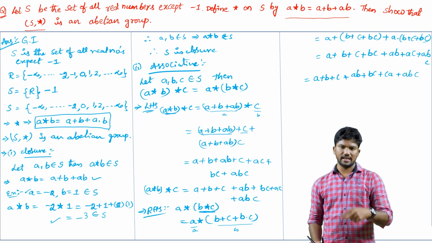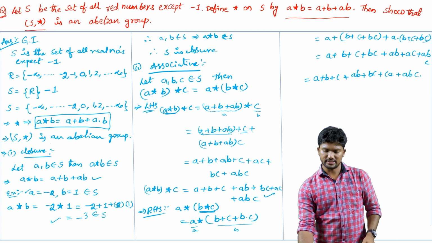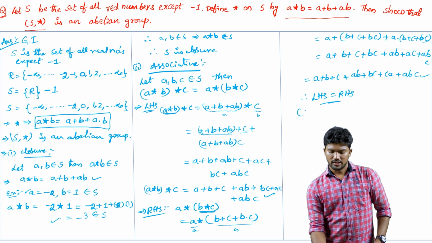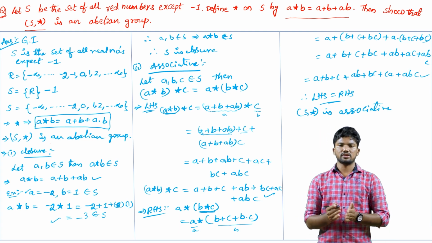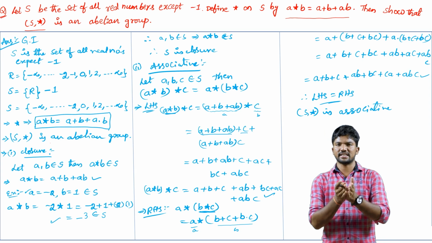If you check LHS and RHS, both values are equal. LHS is equal to RHS. So therefore the group S comma star is associative. This property you can also cross check by using the numbers from the set of real numbers except minus 1.